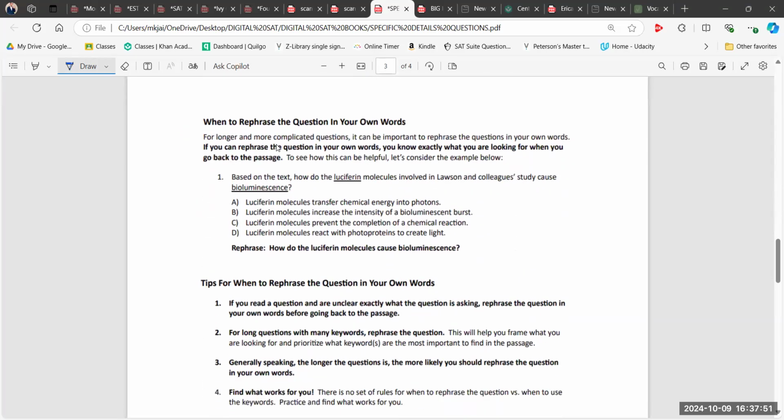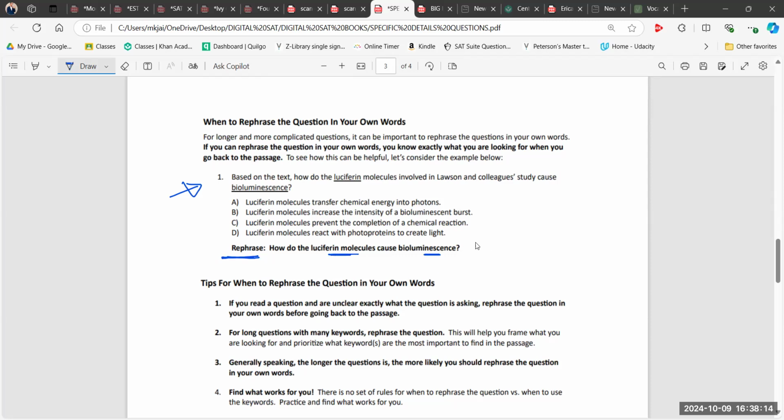Okay, Leah. Want to rephrase? Yeah, like this type of question. Based on the text, how do the luciferin molecules involved in the study cause bioluminescence? So I've got to think about rephrasing it: how do these molecules cause that thing?